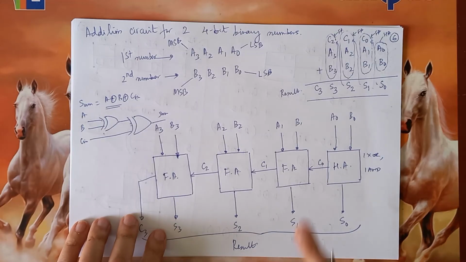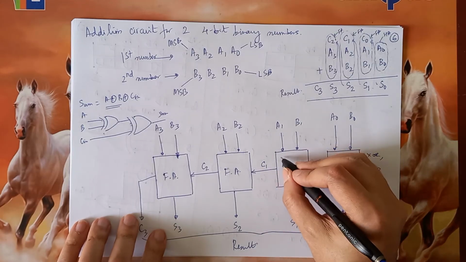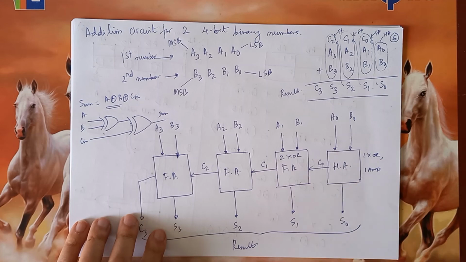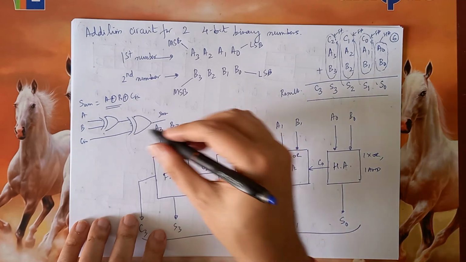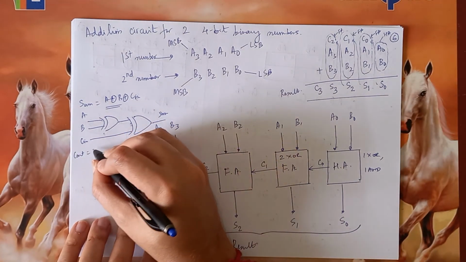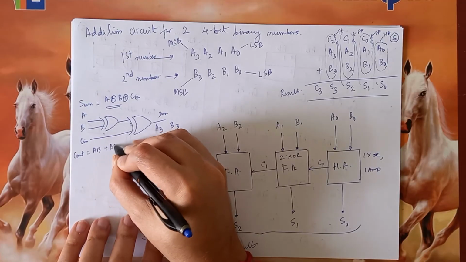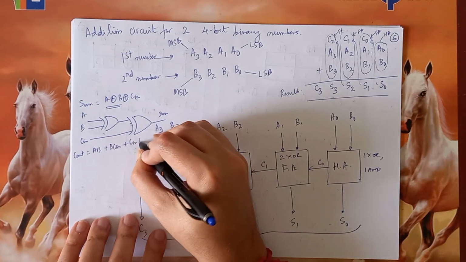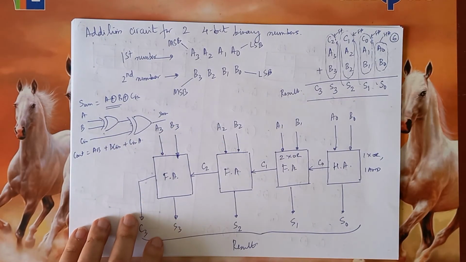So this full adder will need 2 XOR gates. What about the carry? The C out is AB plus BC in plus C in A. So we saw that it will need 3 AND gates and 1 3 input OR gate.